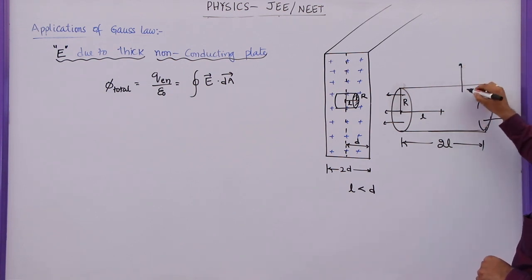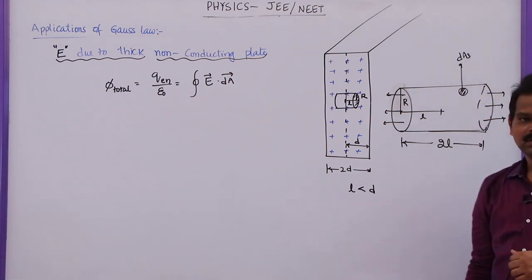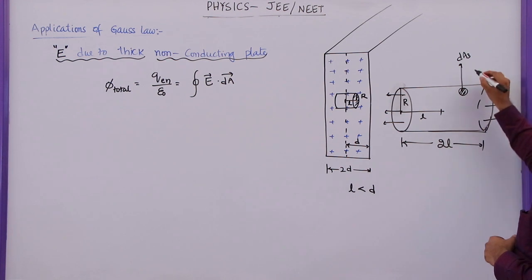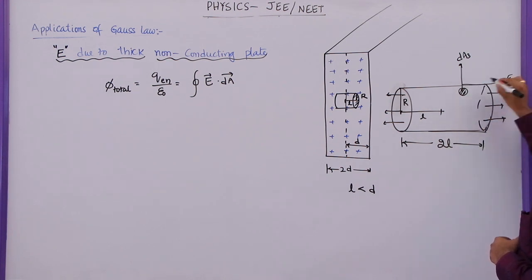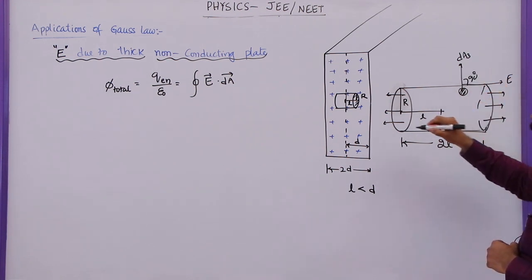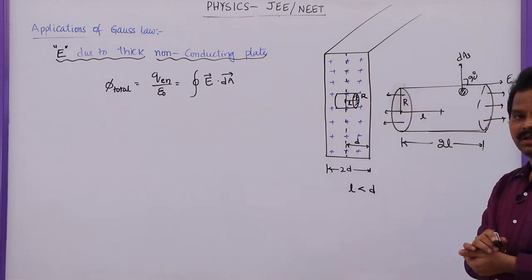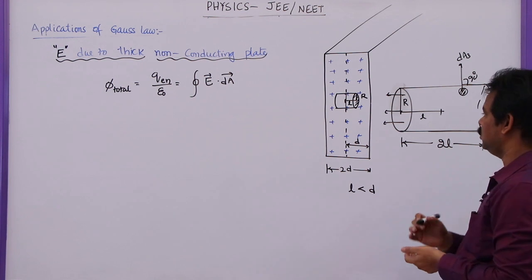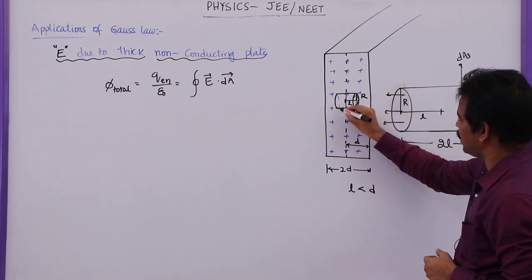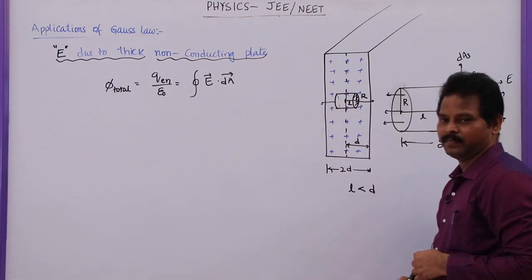But here, as the area of this small elementary portion is perpendicular to the electric field, theta is 90, so the electric field due to this will not be considered because it will be 0. So only this surface as well as the other surface will contribute the flux.